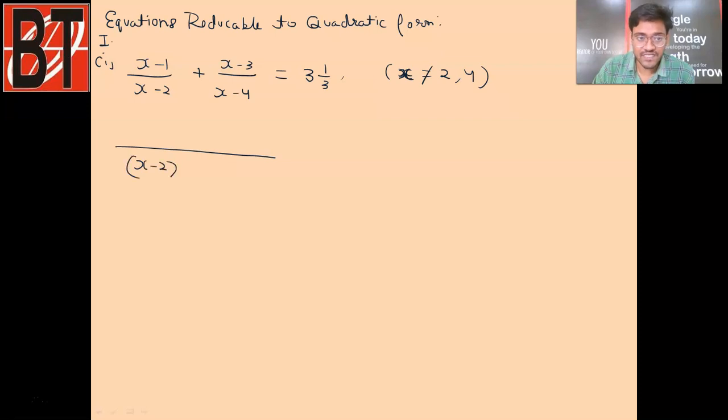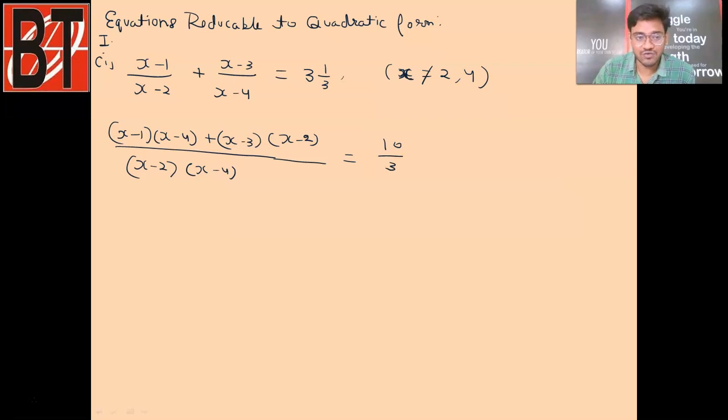So the product of x minus 2 and x minus 4 is the LCM. Now x minus 4 is going to multiply with x minus 1, so it will become (x minus 1)(x minus 4) plus (x minus 3)(x minus 2), is equal to 3 3s are 9, 9 plus 1 is 10 upon 3.